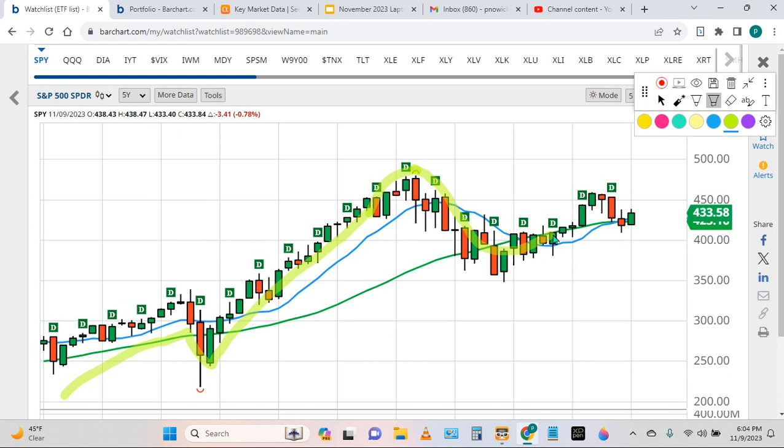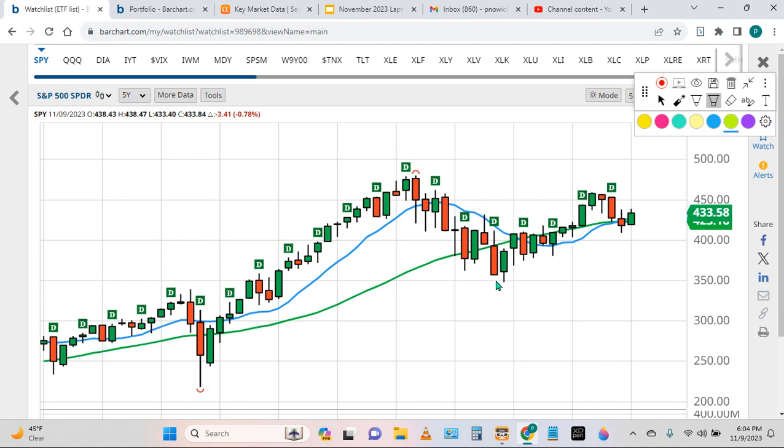Now we kind of resumed this uptrend in 2023. In the last 3 months, going into November, we had a little bit of a sell-off. Prices have kind of resumed up here in November 2023. So I think, you guys, that's pretty clear as to where we're at with the S&P 500. We started off November pretty strong on a monthly basis.